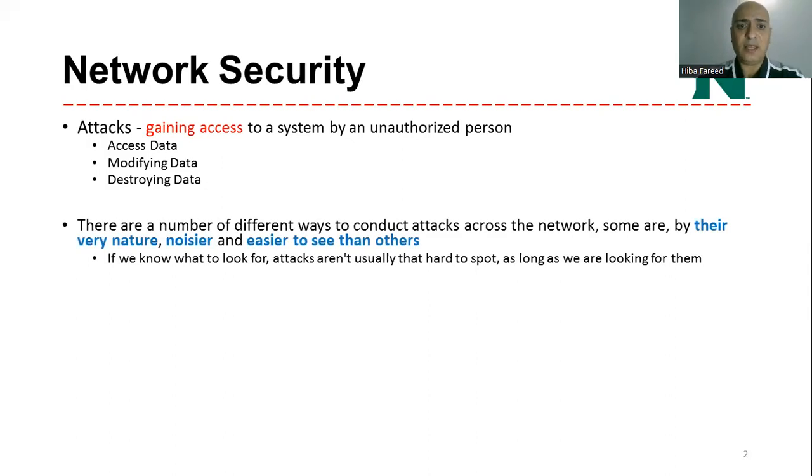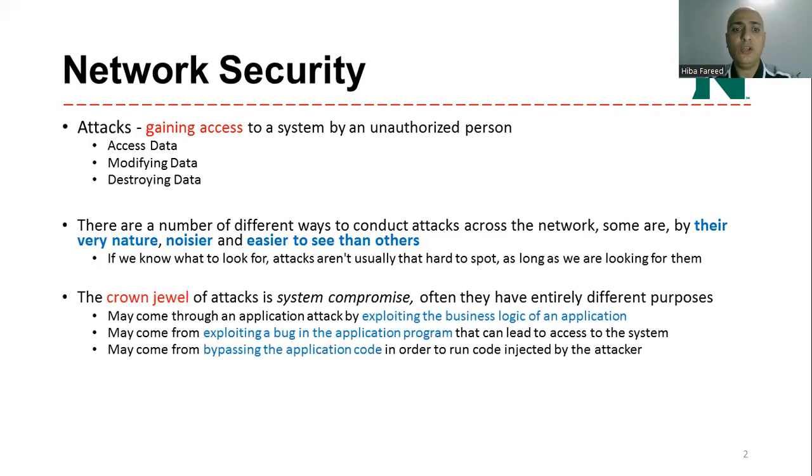There are different ways to conduct an attack. One of them comes by nature, noise, or we can see it in many different things. So our job is to look for it, to be able to detect what we need to do about the attacker and what he does. The main objective of the attack, or what we can also call the crown jewel of the attack, is to compromise the system by discovering some weak point inside our system.